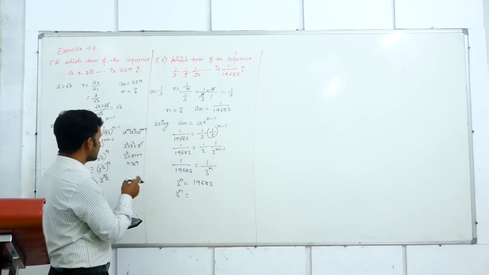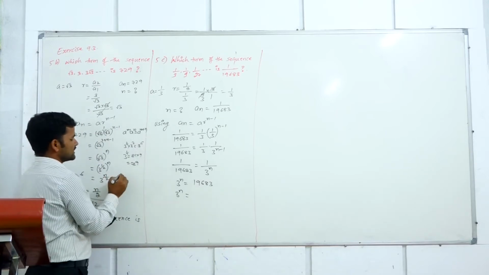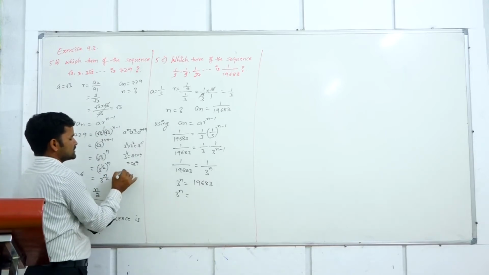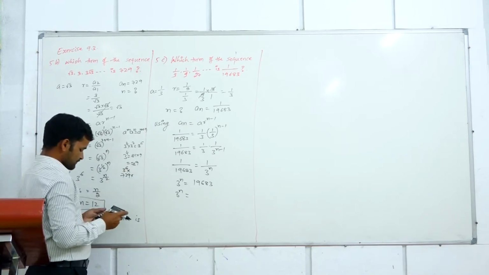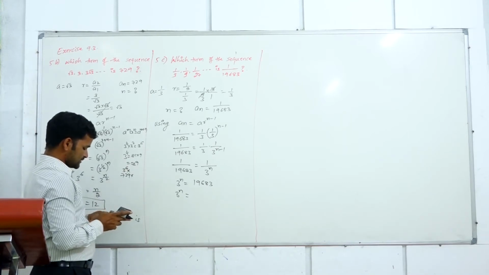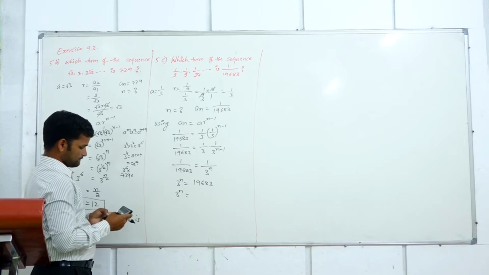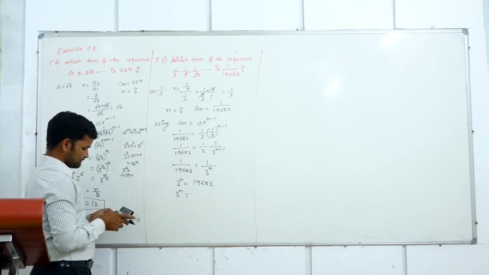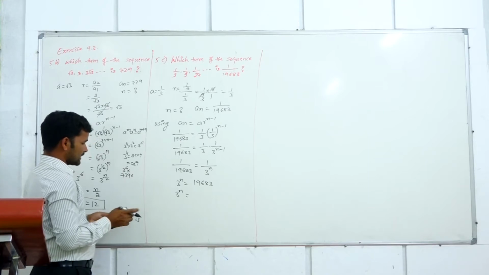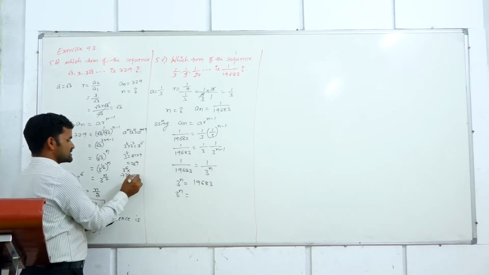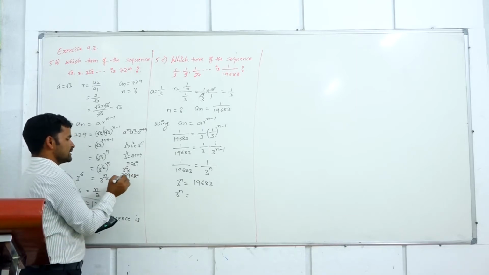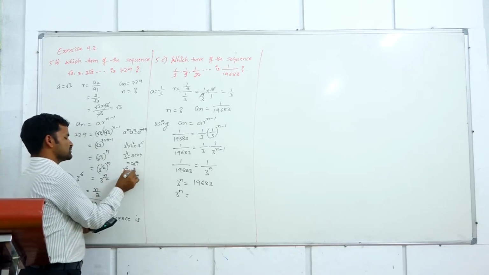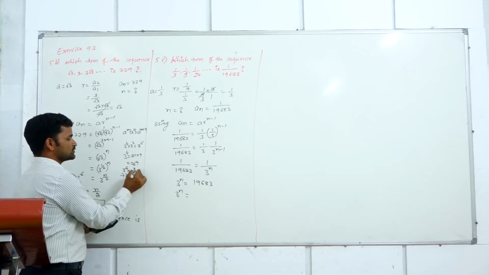See, 3 raised to 6 is equal to 729, already I know. 3 raised to 6 it is, into 729 into 27 you multiply. That means 3 raised to 6 into 3 raised to 3, it is 3 raised to 9.